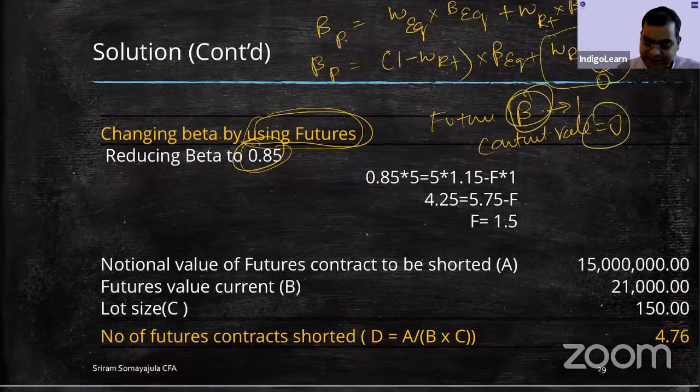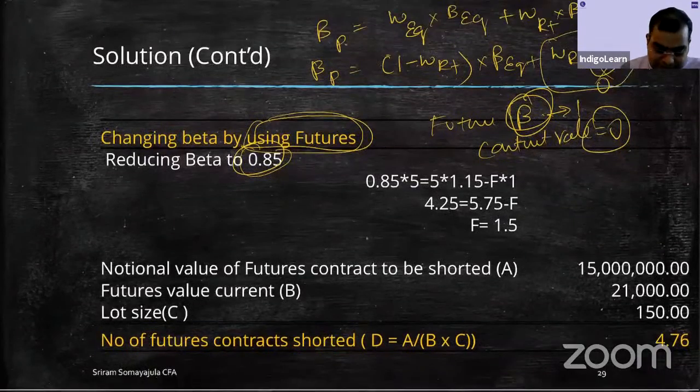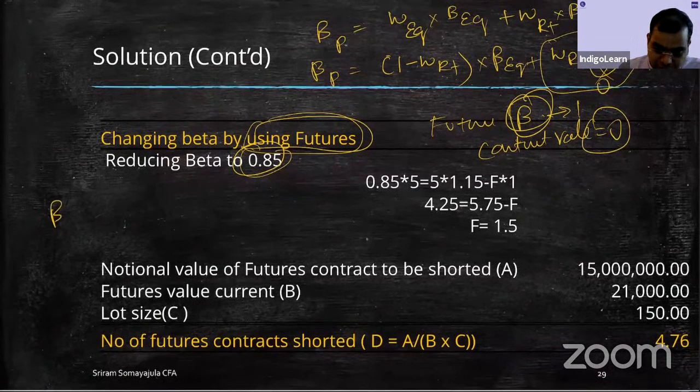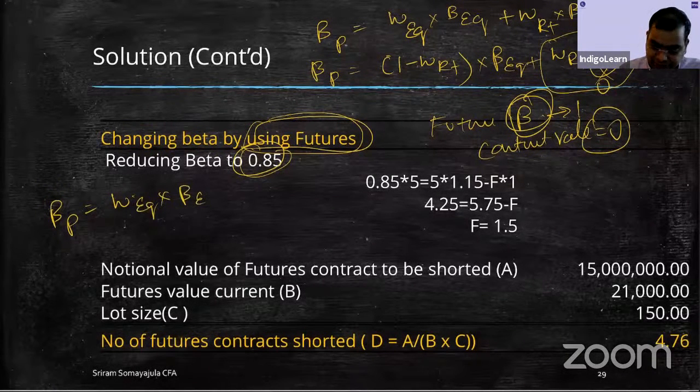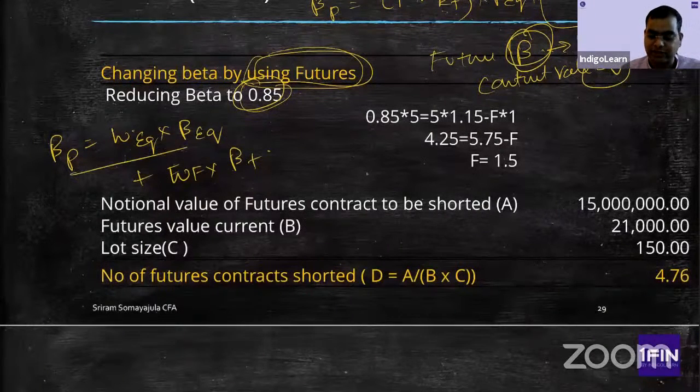So it is the same formula. Beta of portfolio is equal to weight of equity into beta of equity plus weight of futures into beta of futures. If you solve this equation, you will get the answer.